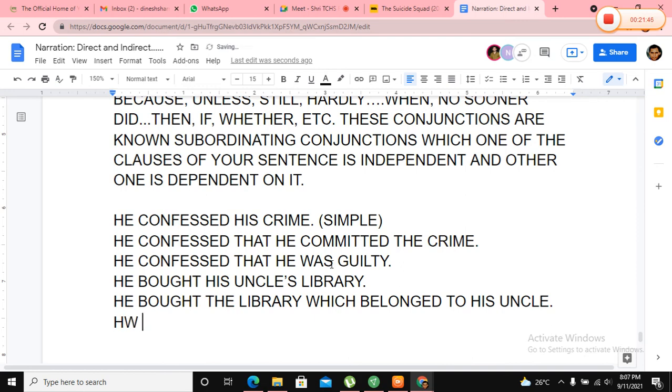He worked hard to pass the examination. This one is easy. You can easily convert it into complex. Try this one.